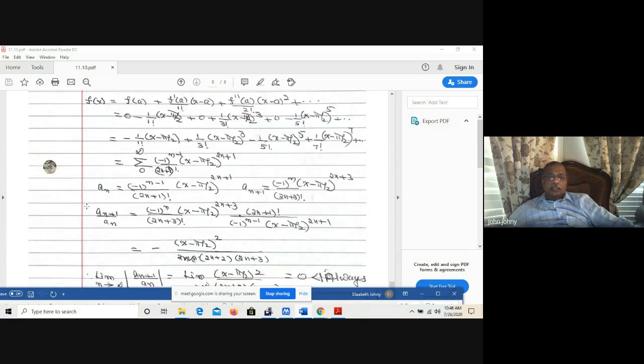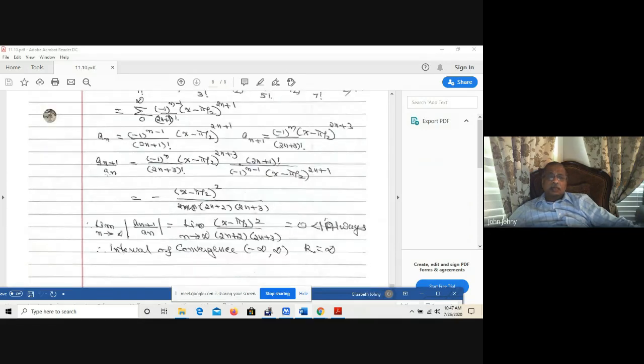And now write the nth term. The nth term is negative 1 to the n minus 1 times (x minus pi over 2) to the 2n plus 1 divided by (2n plus 1) factorial. Replace n by n plus 1, and the (n plus 1)th term is negative 1 to the n plus 1 minus 1, that is negative 1 to the n, times (x minus pi over 2) to the 2n plus 3 divided by (2n plus 3) factorial.